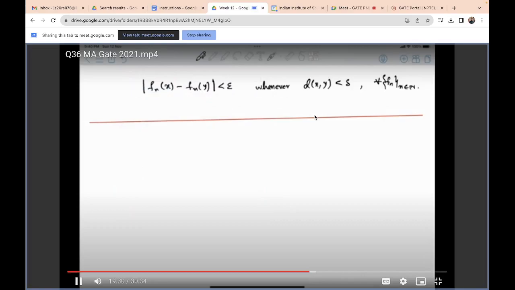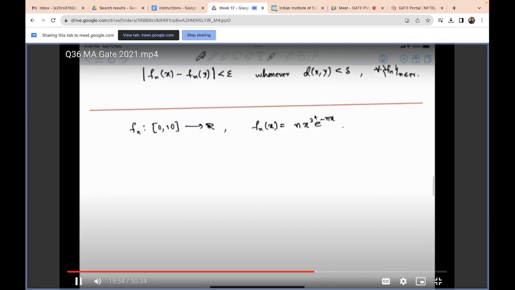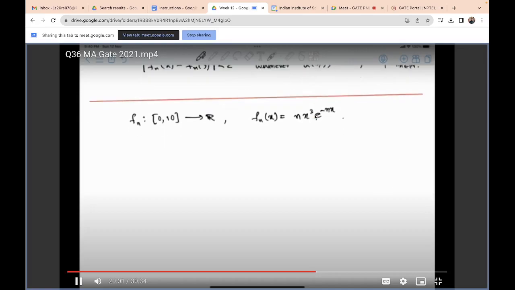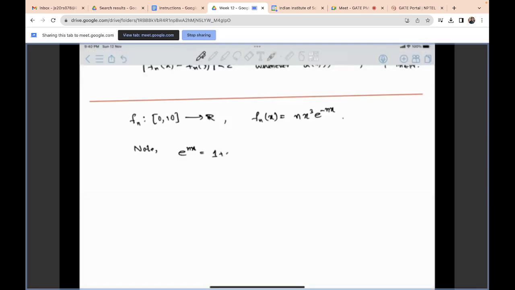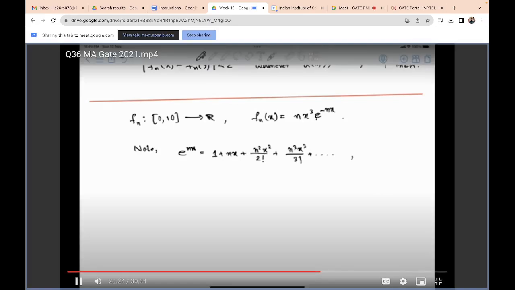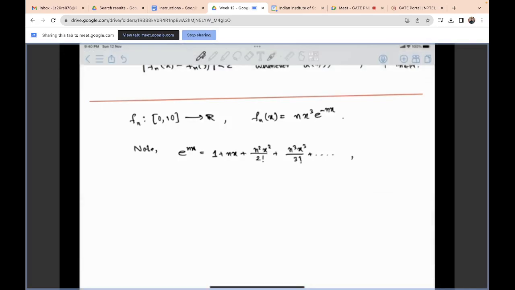What is given? Note this, you can write e to the power nx as 1 plus nx plus n square x square by factorial 2 and so on. Here we only need x greater than 0.